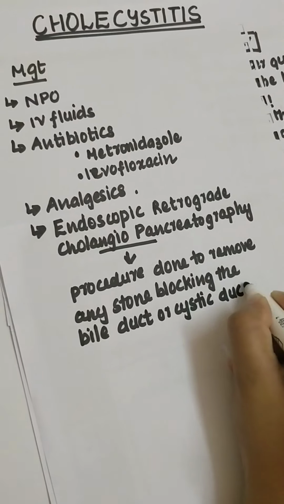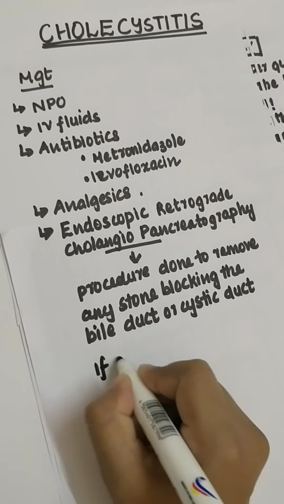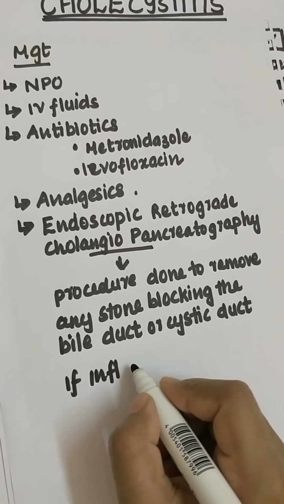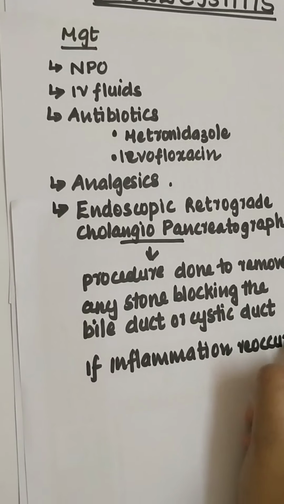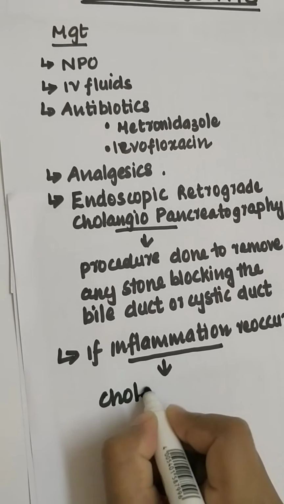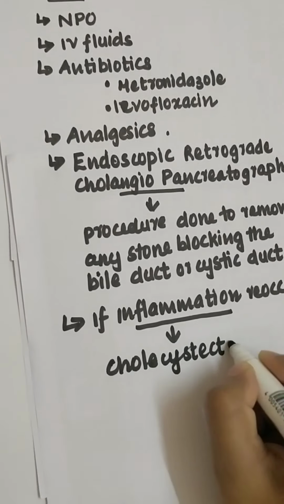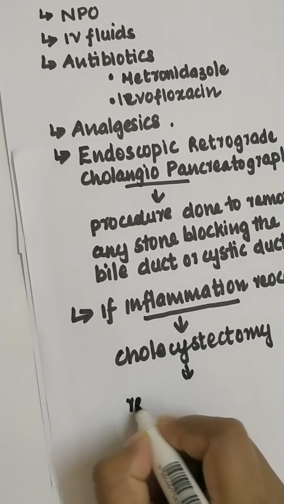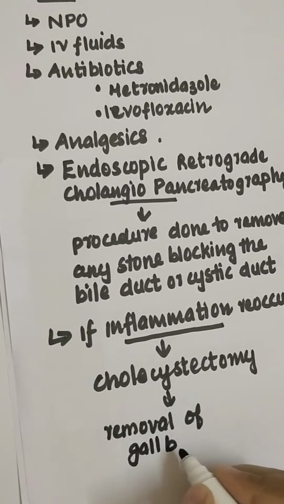This is about ERCP. And if the inflammation reoccurs after this, then we will do another procedure, cholecystectomy. Cholecystectomy means the removal of the gallbladder.